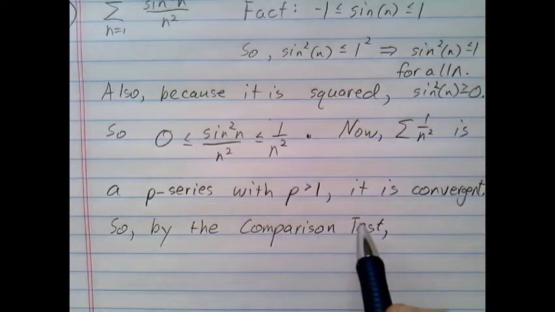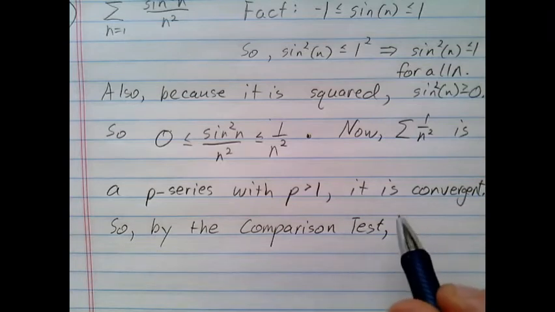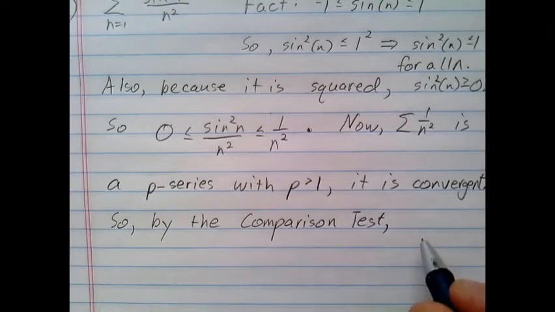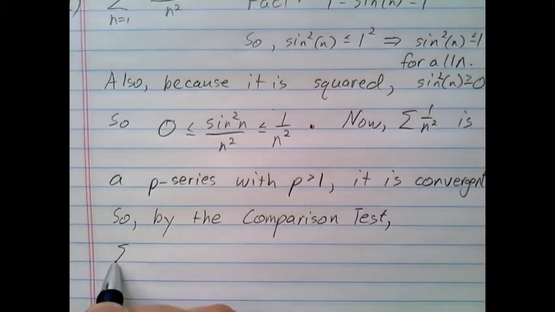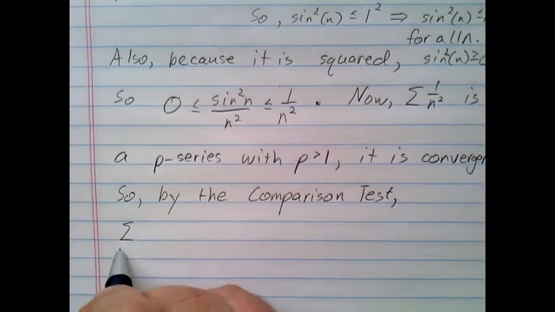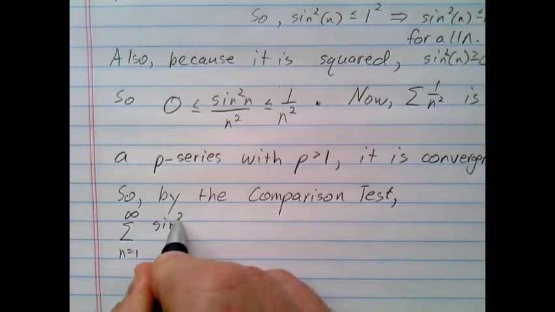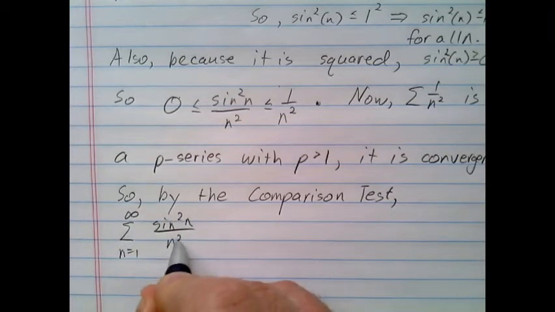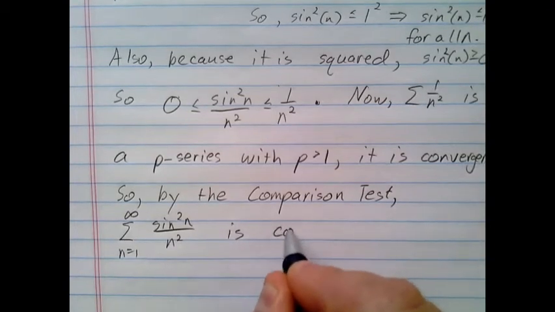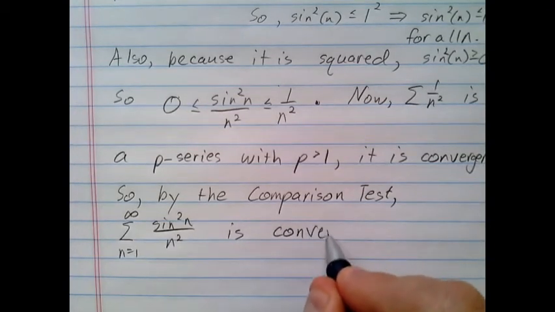Now state what test we're using. And then the last thing is your conclusion. State your conclusion. So by the comparison test, our series from n equals 1 to infinity of sine squared n over n squared is convergent.